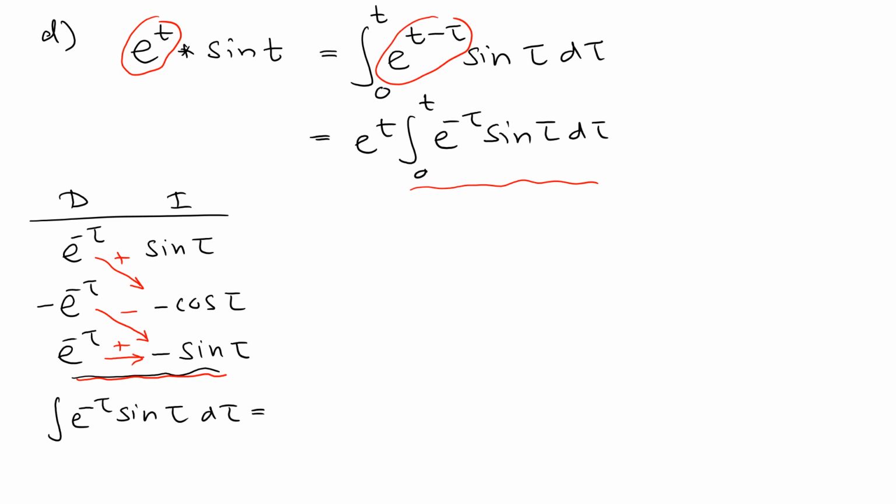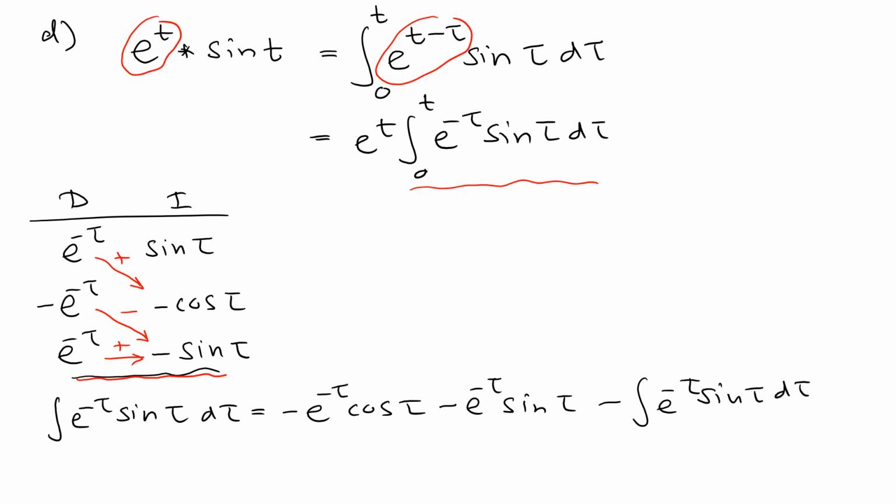You get the first product, which is negative e to the negative tau cosine tau. That's the first one. The second one also has three negative signs, which makes it negative. So again, negative e to the negative tau sine tau, and then the integral. The integral also has only one negative sign, so it is negative. The last one is the integral of e to the negative tau sine tau d tau.